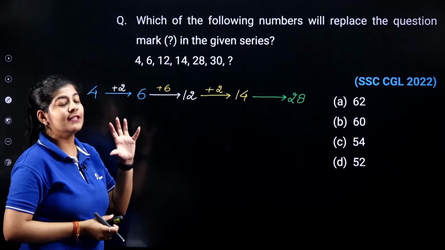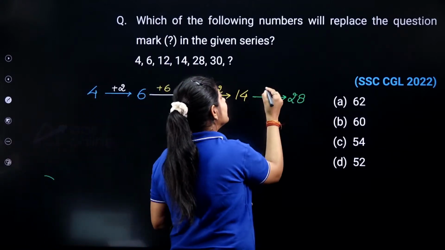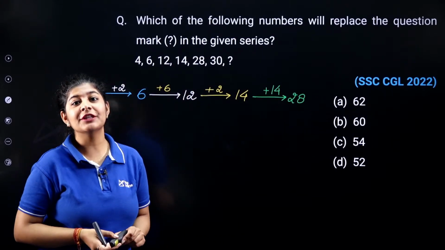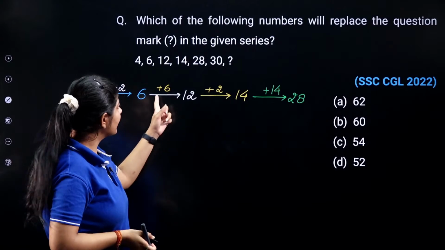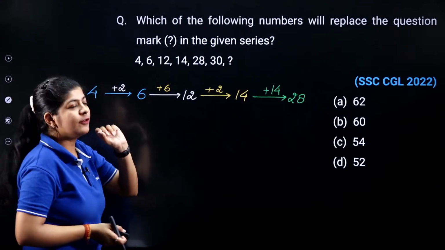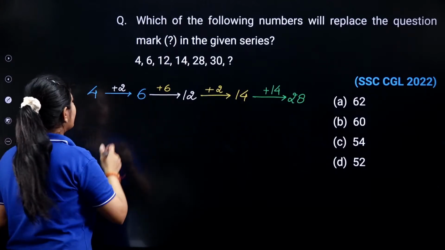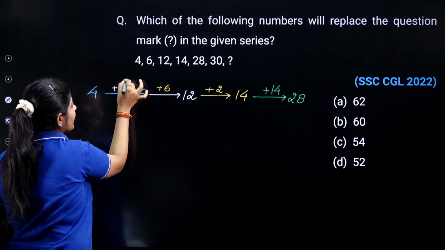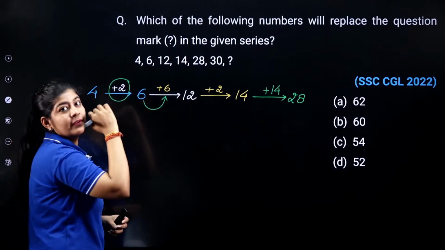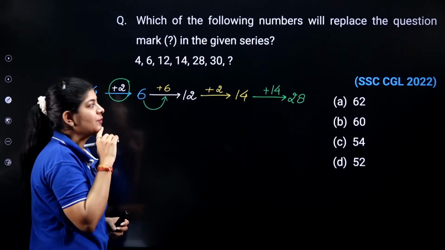If you observe this thing, here we are getting a difference of plus 14. This is an unusual difference, right? Here we are getting 6 and now we are getting 24. Okay. So if you observe first thing over here, we are getting a difference of plus 2, then a difference of the number which we get after addition of plus 2.